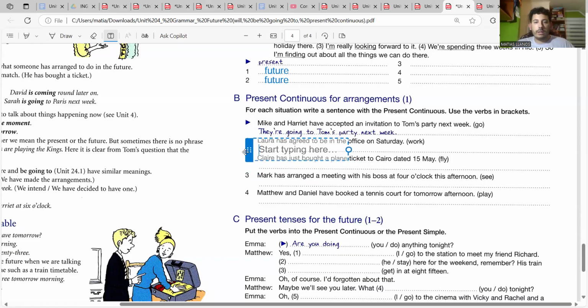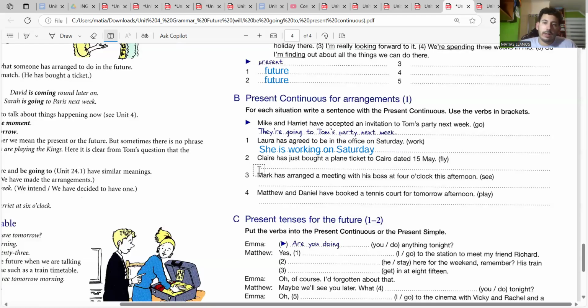Work. So if she has arranged to have a meeting to be in the office on Saturday, we will use that she is going, no, she is working. We have to use the present continuous. She's working at the office, or better, on Saturday, because we know that it's at the office. She's working on Saturday.